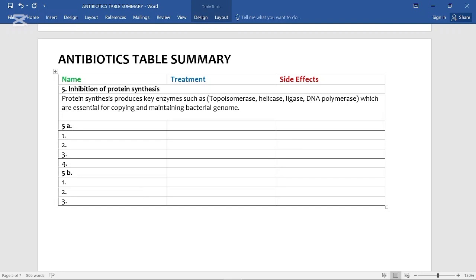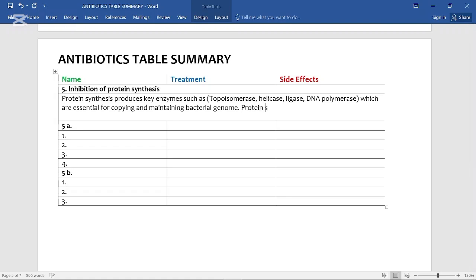Another key point is that in bacteria, protein synthesis occurs on the ribosome. The ribosomes consist of two major subunits: the 30S, which tends to be small, and the 50S subunit.